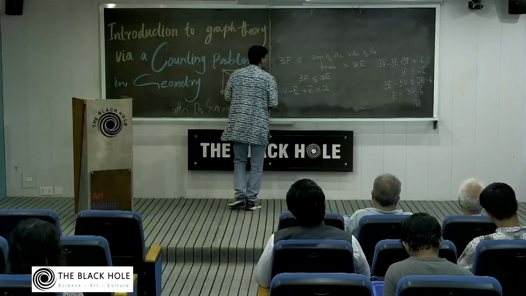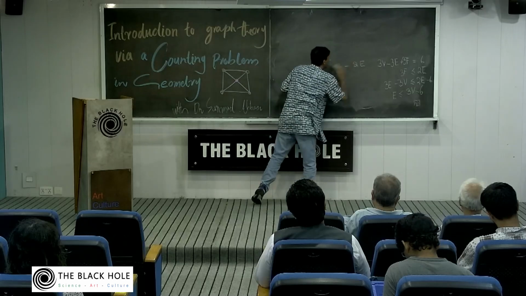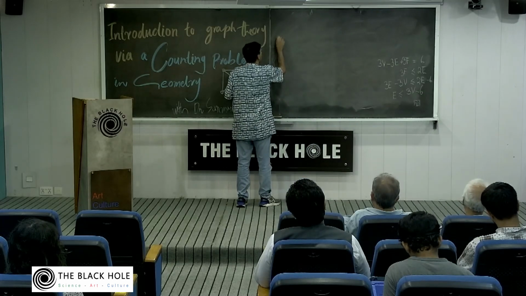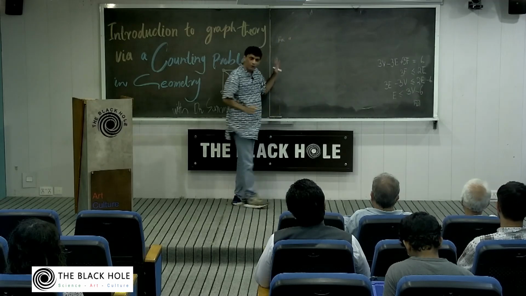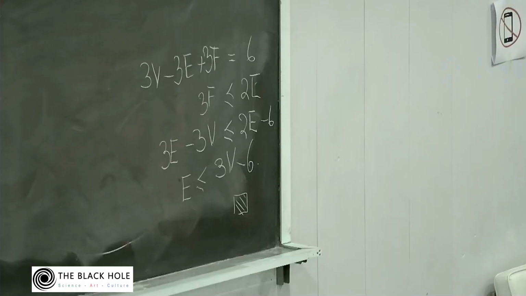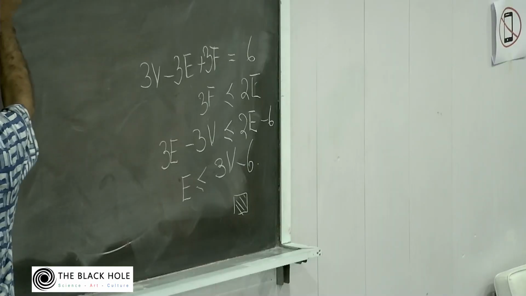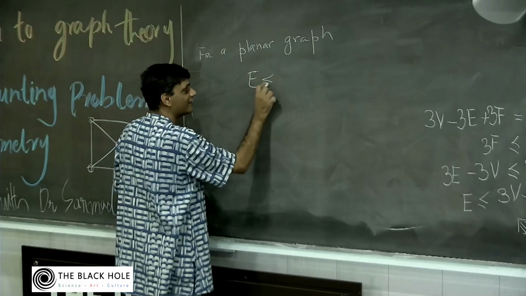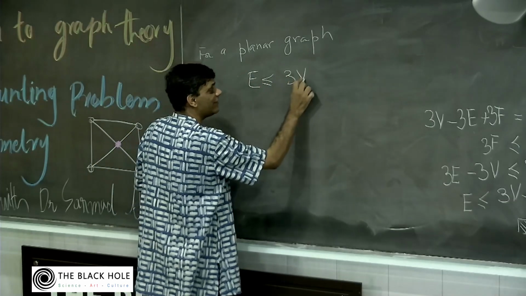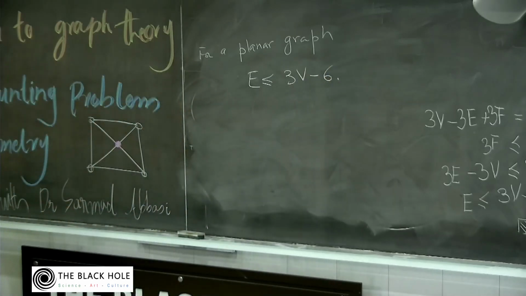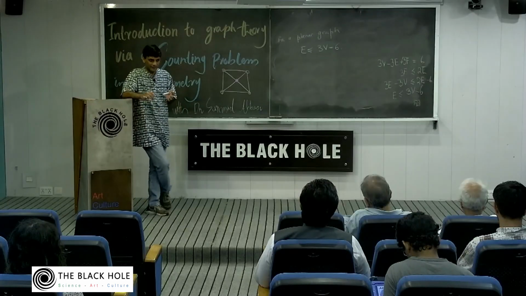Let me write down what I have concluded. And now I'm going to use another term: planar graph. The number of edges must be less than or equal to 3 times the number of vertices minus 6. And what is a planar graph?